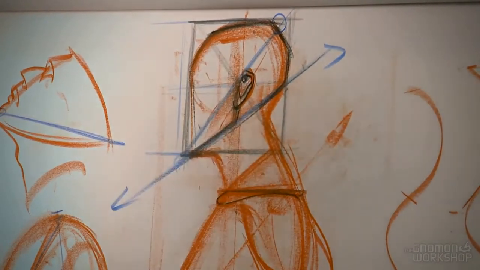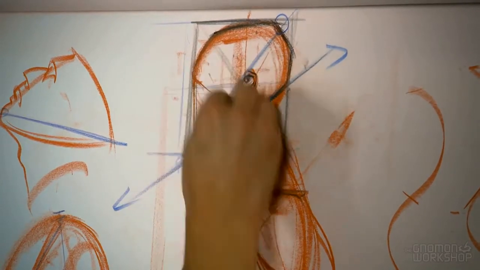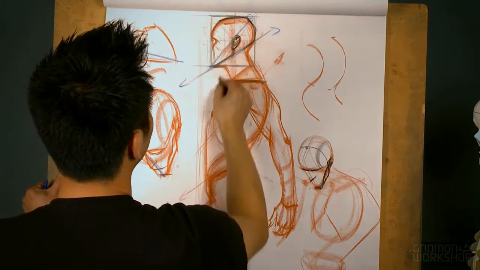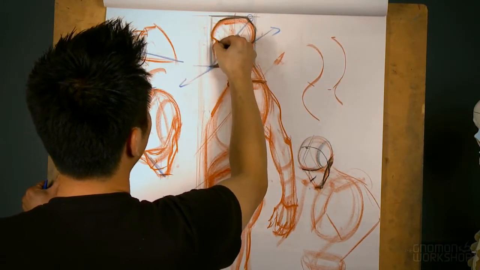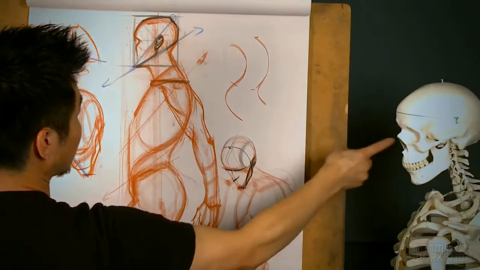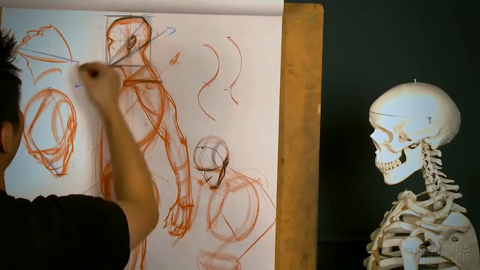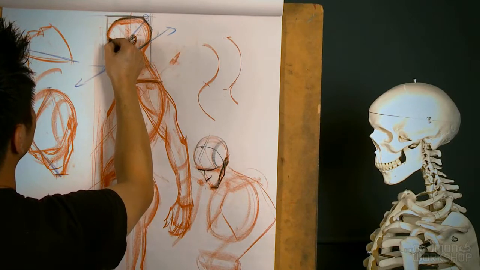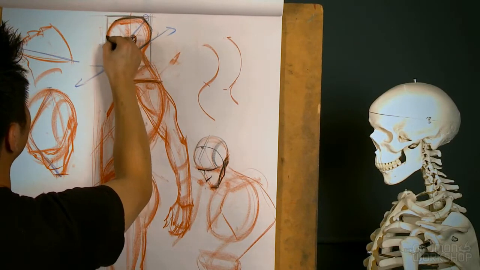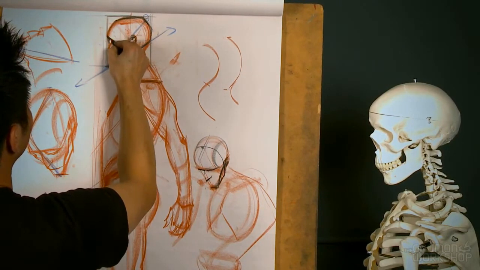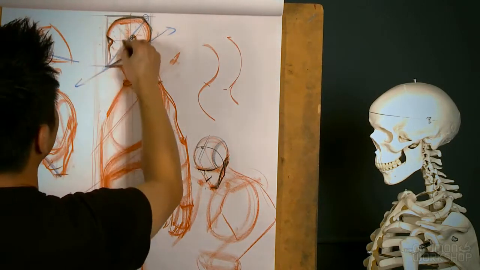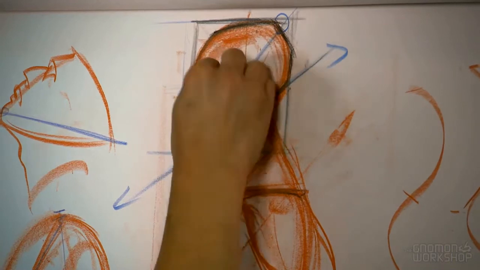Right above the eye line is your eyebrow. What I do is I dig out the eye socket, just like the skeletons. I dig out the eye socket and I put an eyeball inside the eye socket. Right? So let me add a little tone to show you where the side plane is.